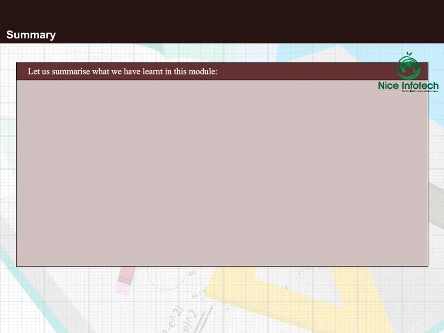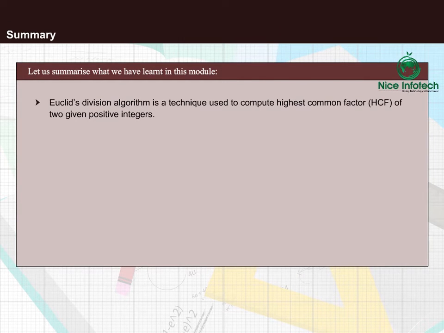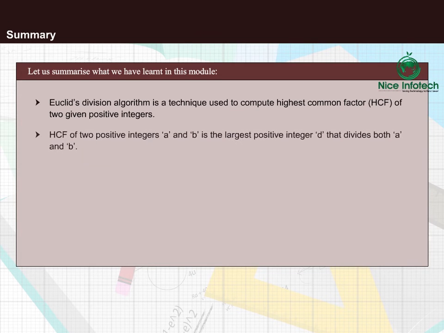Let us summarize what we have learnt in this module. Euclid's division algorithm is a technique used to compute highest common factor of two given positive integers. HCF of two positive integers a and b is the largest positive integer d that divides both a and b.